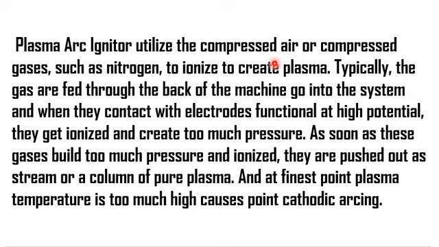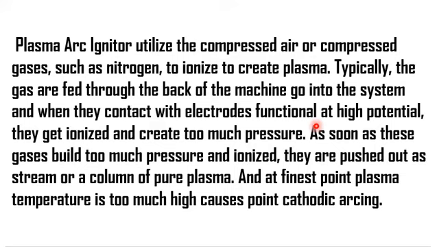The instrument has electrodes, and these electrodes function at high potential. So a high potential is applied across the electrodes, and at the same time very compressed gases are introduced inside the instrument.